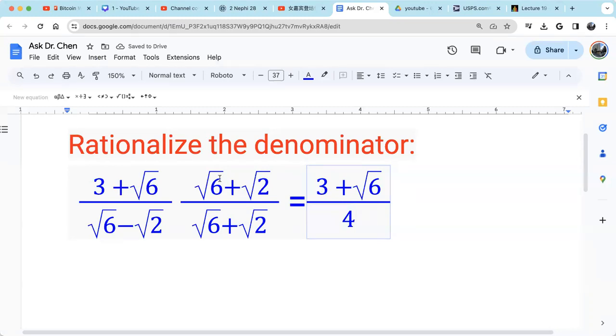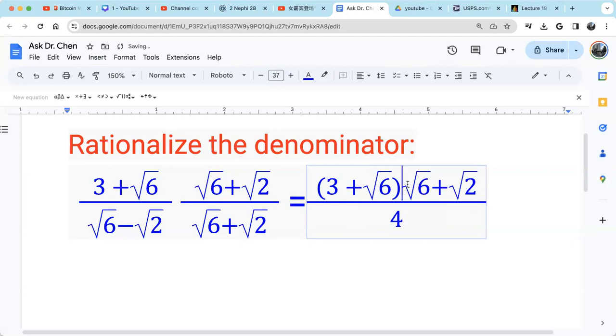So the numerator, we have to multiply those two. We have 3 radical 6. Let's put parentheses. Multiply by this term, by this one. Let's put parentheses.